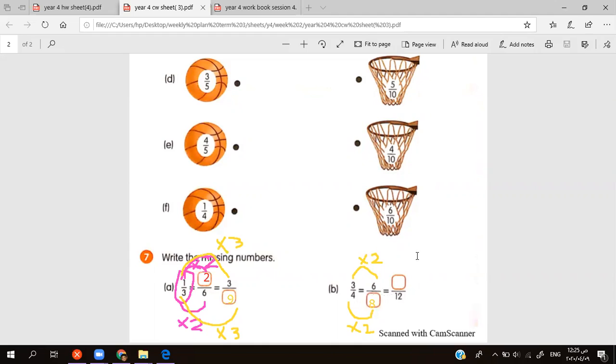And remember, I always start from the complete one. This is very important. Now, how did the 4 become a 12? By multiplying by 3. So I'm going to also multiply up by 3, which is 3 times 3. It's going to give me a 9. Okay, guys.